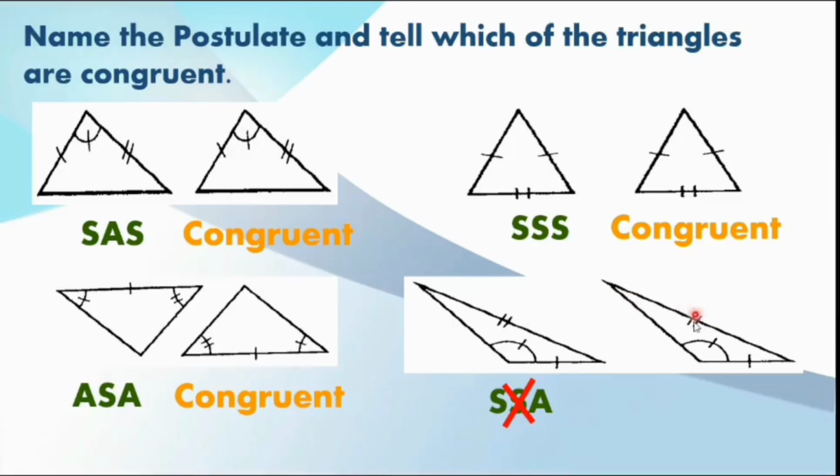But then, we only have three pairs of corresponding parts that are marked congruent. So meaning there is no enough information to tell whether the two triangles are congruent or not. Okay, so let's proceed to the next slide. Number 5.